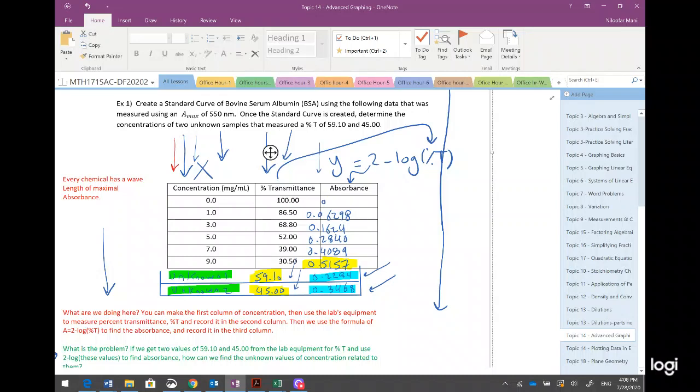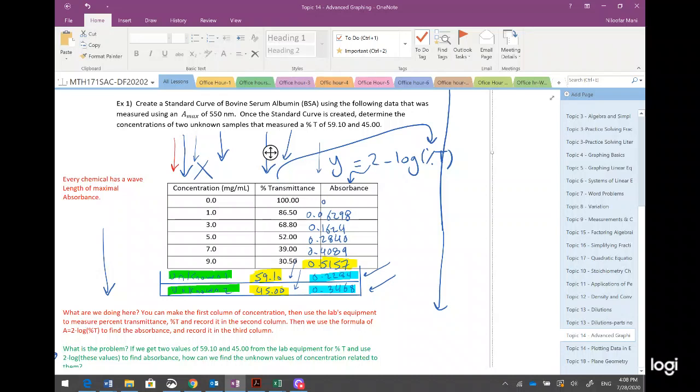So you make some substances, you make this concentration, and then you measure percent transmittance using equipment.